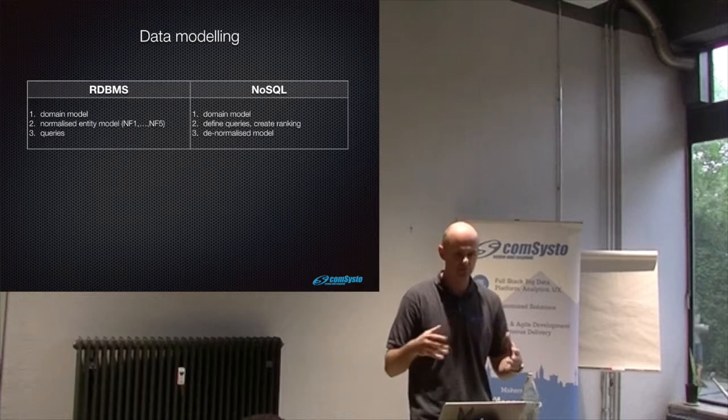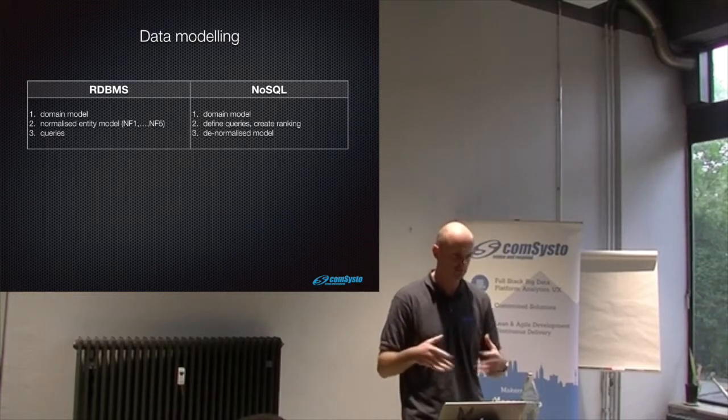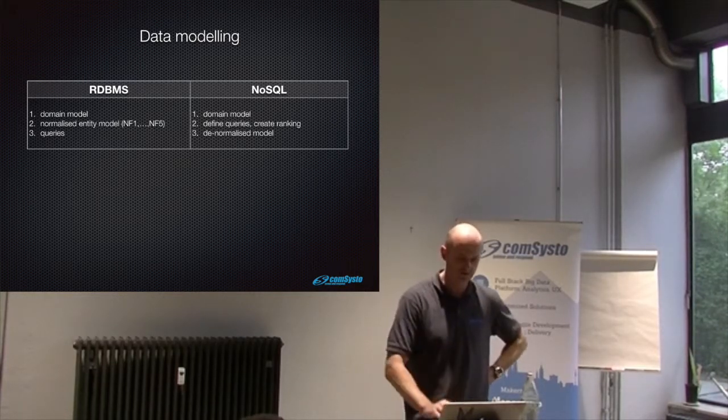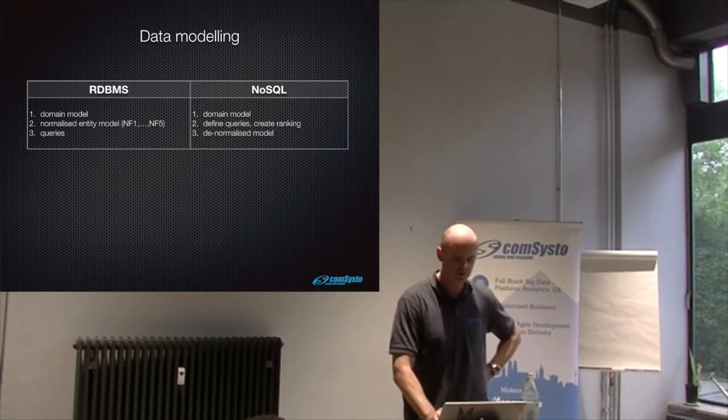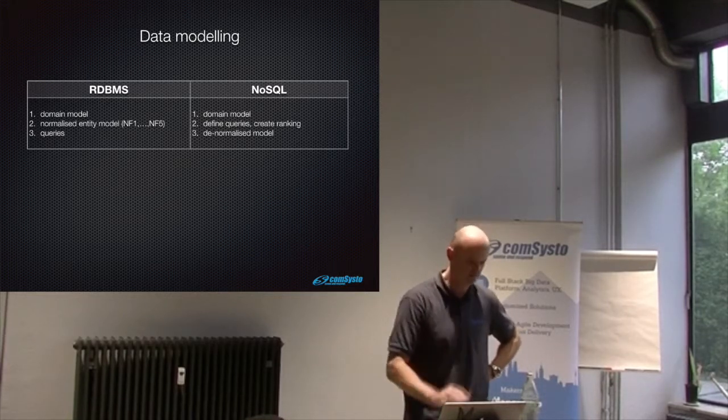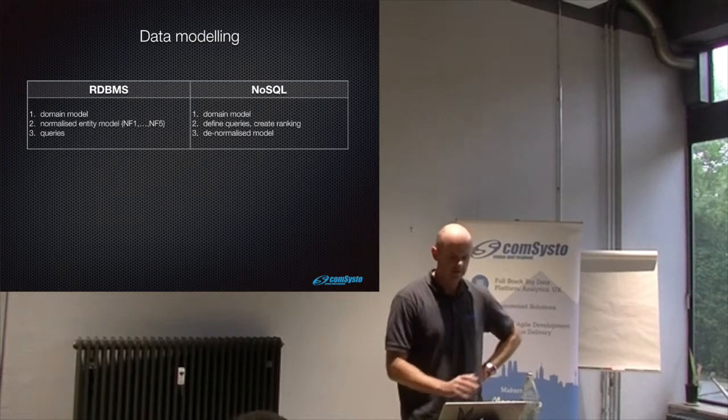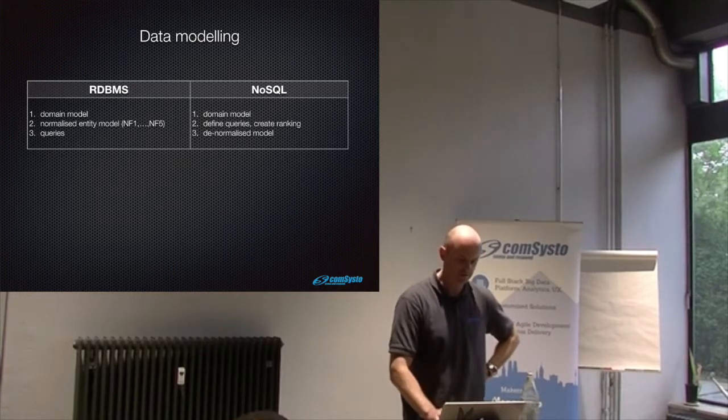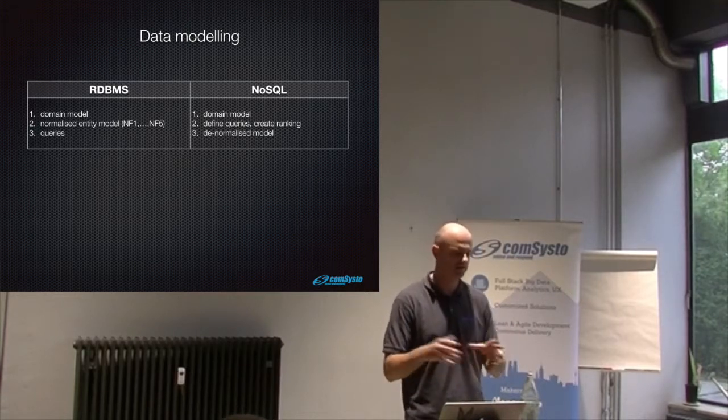Made probably by people who do not have really technical understanding, which is actually very good to have something like that as input. This is the first thing. Actually, in both databases you would start with that. In the second part, in the traditional database, you would create a normalized entity model.